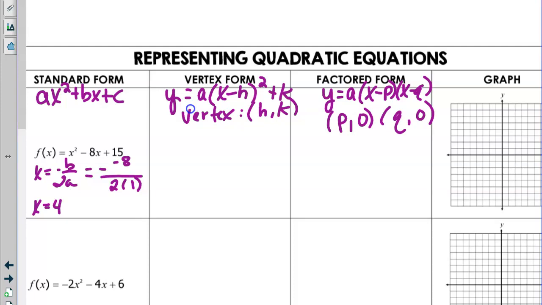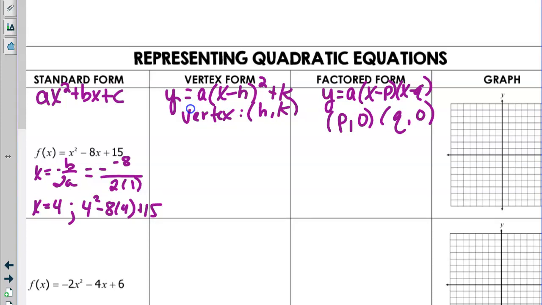How do I get my y value of that vertex? So this is my x value. How do I get the y value, Ethan? You have to plug it in. Plug it in, exactly. Running out of room. So we're going to do 4 squared minus 8 times 4 plus 15. So it's 4 squared minus 8 times 4 plus 15, Ethan.